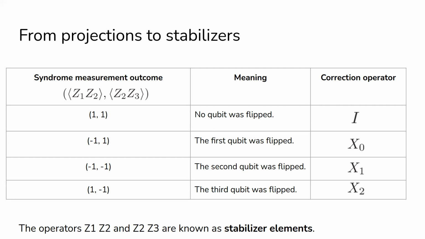Yes. I'm a bit confused. Are you saying that based on the measurements, you are going to insert the specific gate? That's right, the correction operator. So if we visualize this to be in the middle of a certain circuit, based on the measurements in the middle, we're going to insert some gates there.